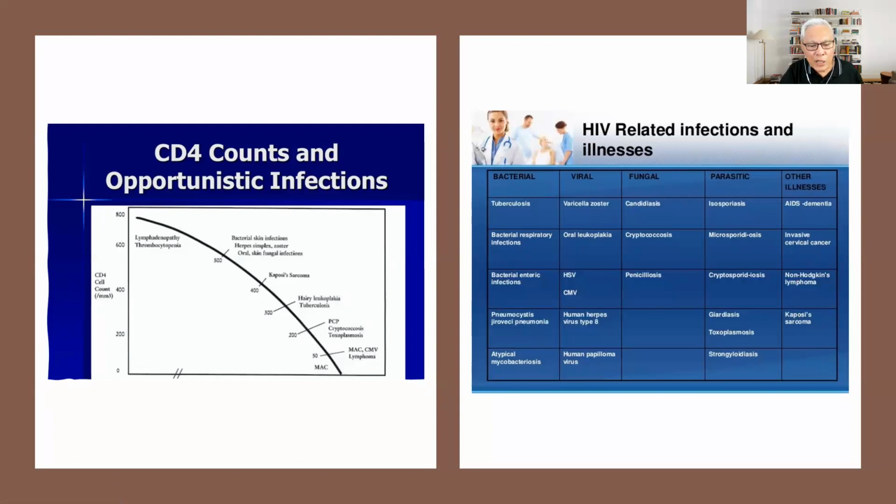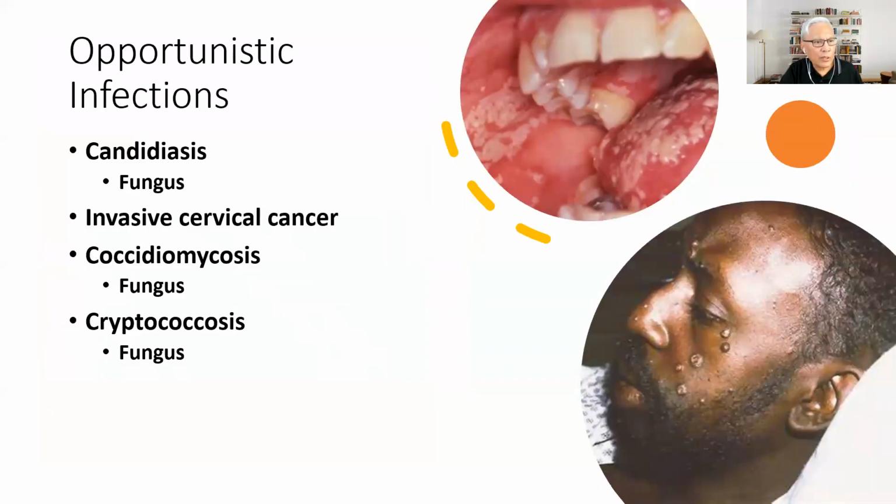So all these are going to be opportunistic infections, including your candidiasis, invasive cervical cancer, coccidioidomycosis, and cryptococcosis. You don't need to memorize them, but the presence of an infection along with a CD4 count of 200 is going to qualify for the diagnosis of AIDS.